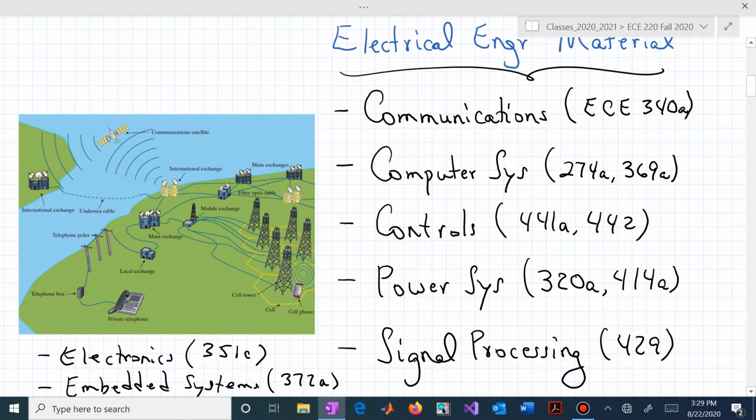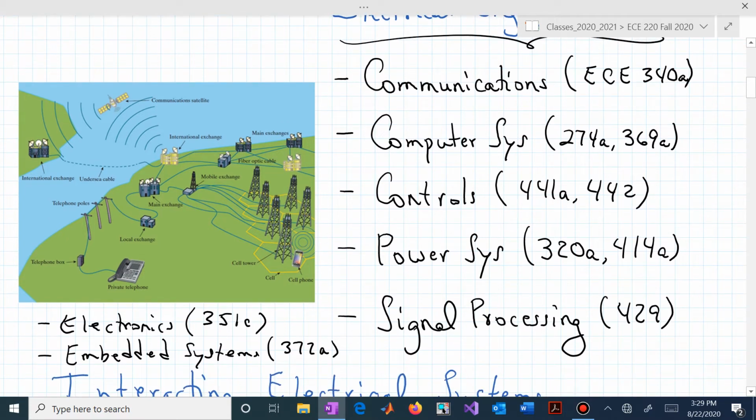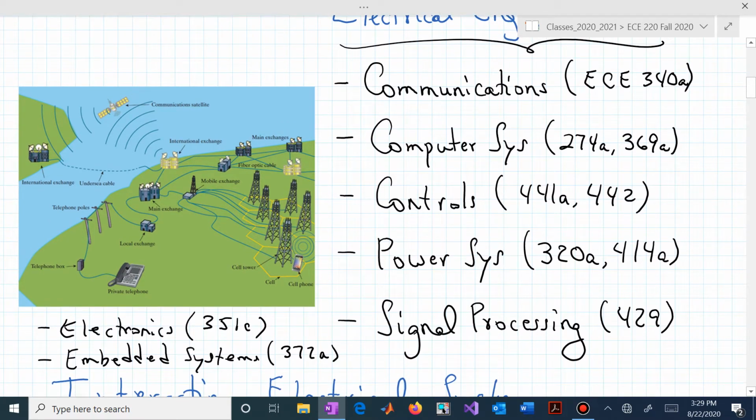Now, what kind of material is associated with electrical engineering? One diagram which really illustrates one of these sub-disciplines within electrical and computer engineering is this communications system that shows all of these interrelated and interconnected systems.